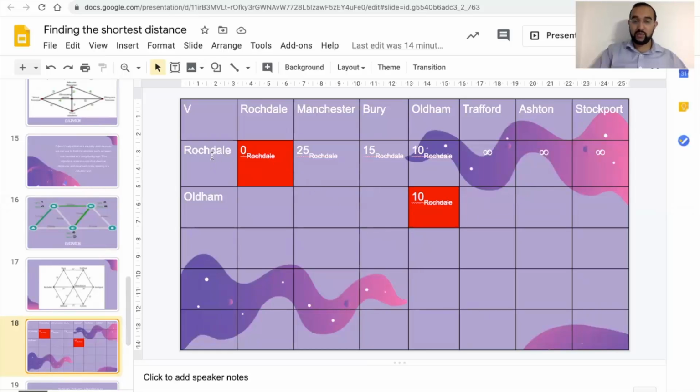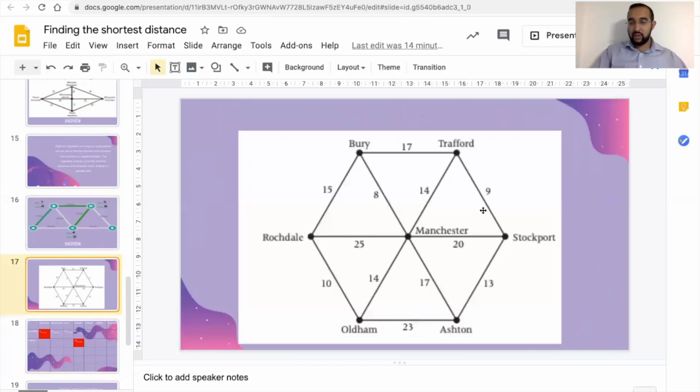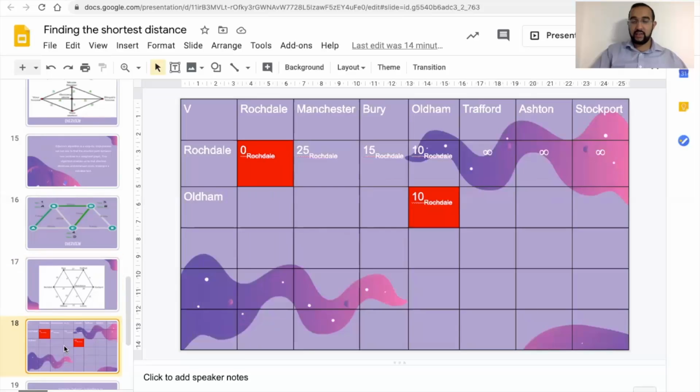Okay, so from Rochdale to Rochdale, it's 0 distance, so this is the shortest route, and then from Rochdale to Manchester is 25, and so on and so forth. And they have to find the distance to each of the connected cities. So give students ample amount of time to solve this activity.